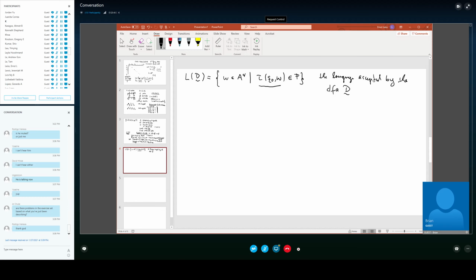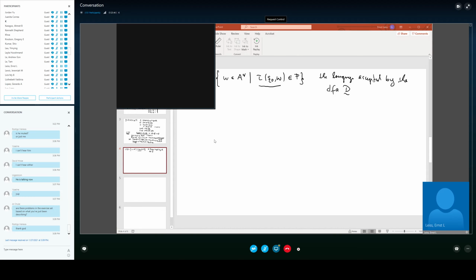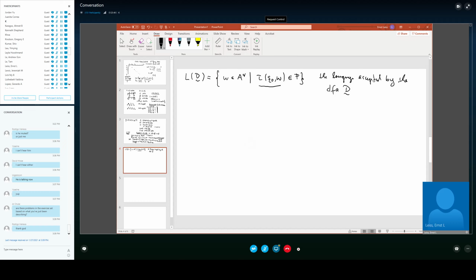All right, so quickly, what are we going to do for a non-deterministic automaton? Well, it's going to be exactly the same. N is alphabet, set of states, transition function, Q0 and F. So A is the same, Q is the same, Q0 is the same, and F is the same.